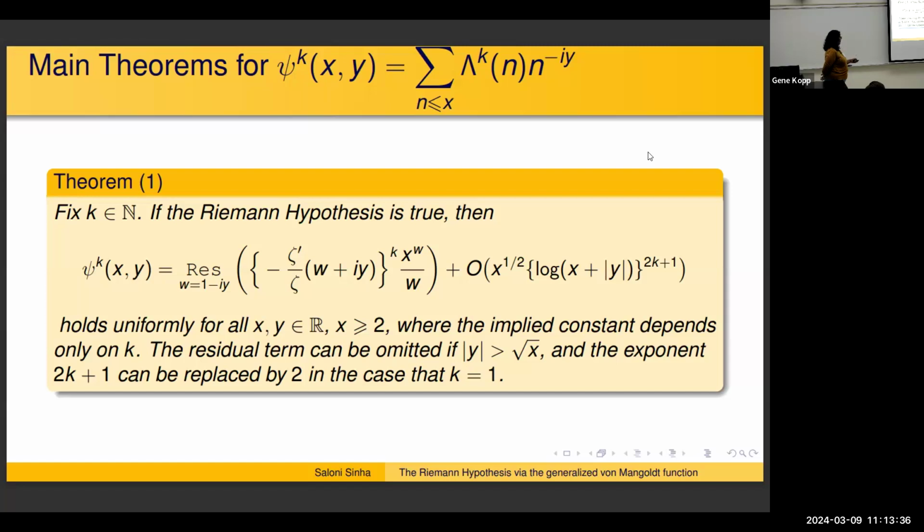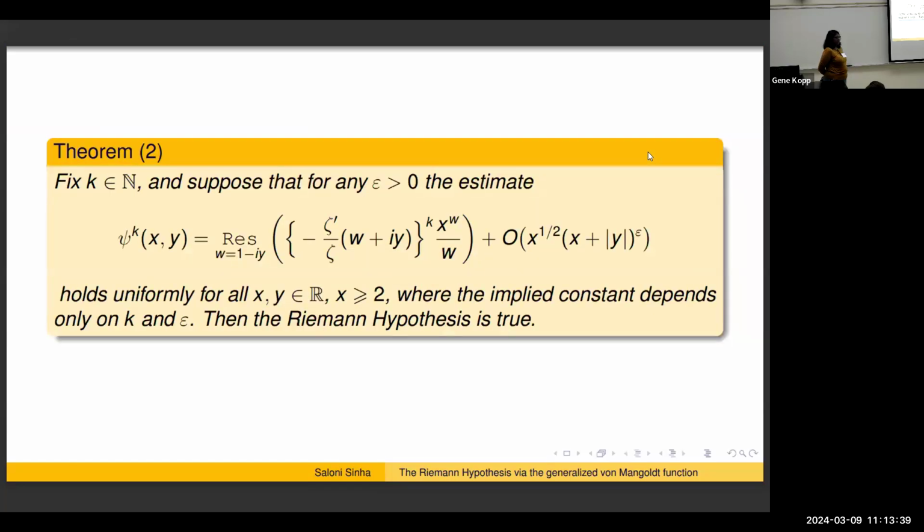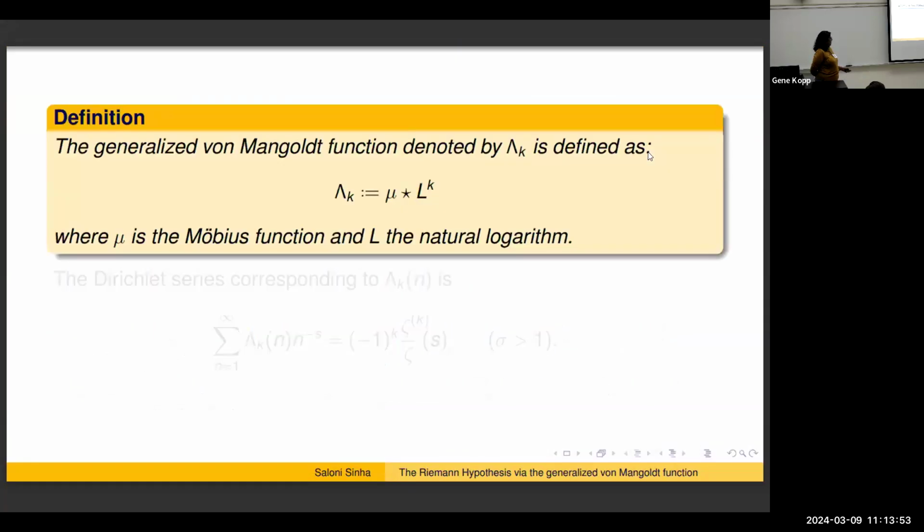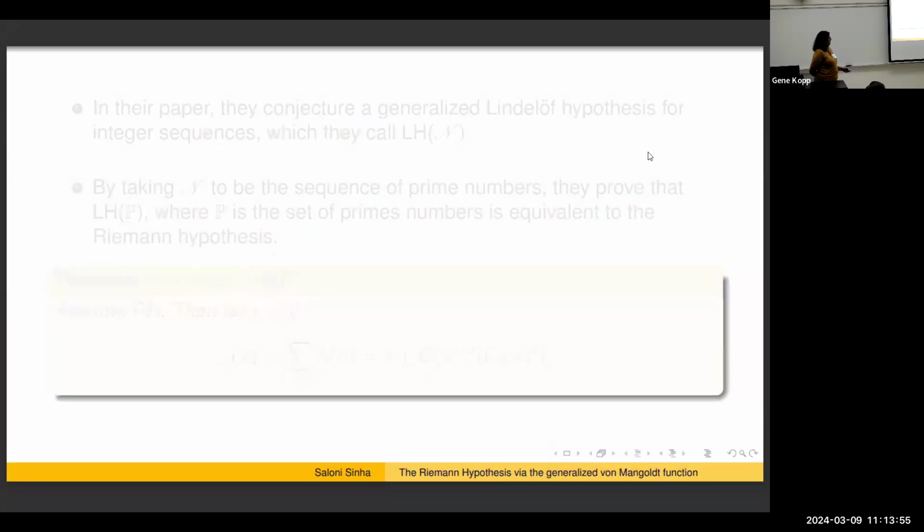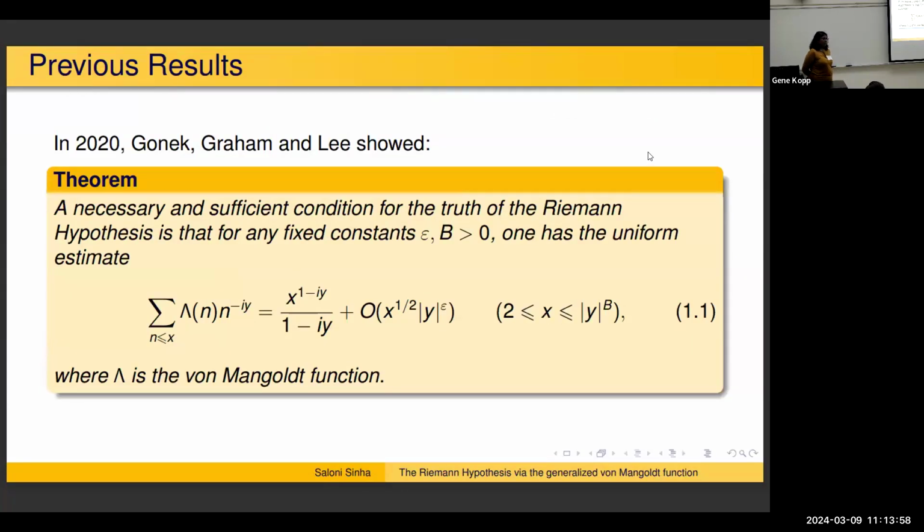In the other direction, we get something like this. So we're using a different error here. Yeah, it's kind of technical in many ways.